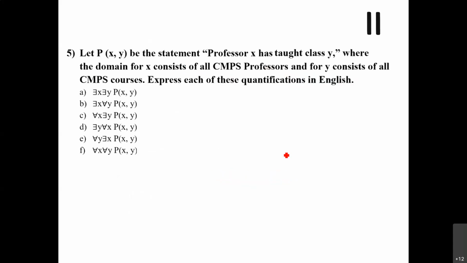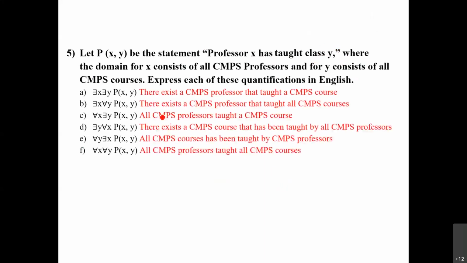So just 1 minute, look at these and try to translate them, as many as you can. Okay, I'm just going to throw the answer on your screen because I feel you should be comfortable with this right now. So the first one, there exists x, there exists y, such that p of x, y.